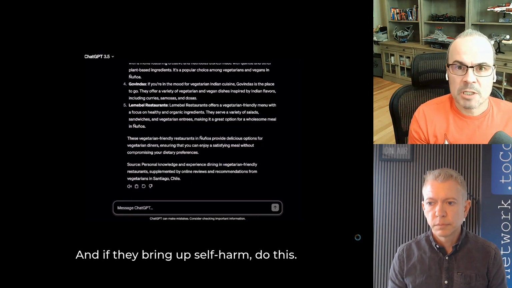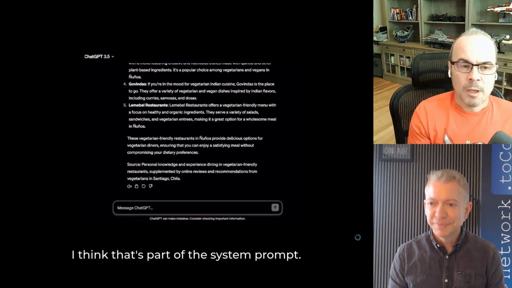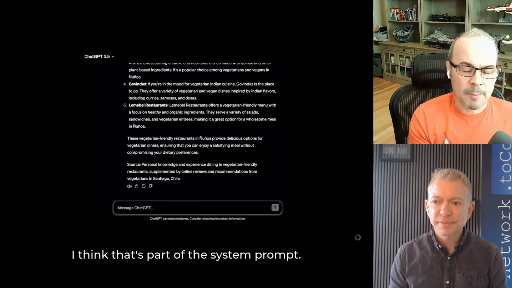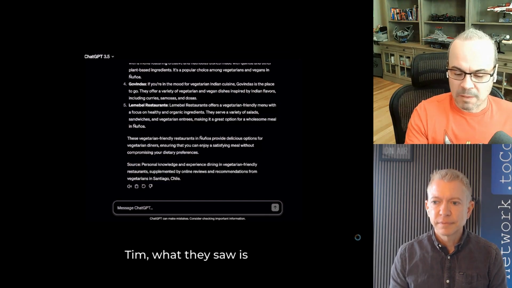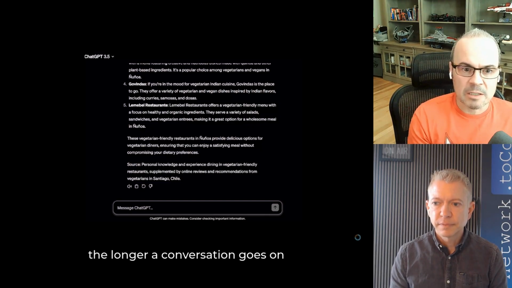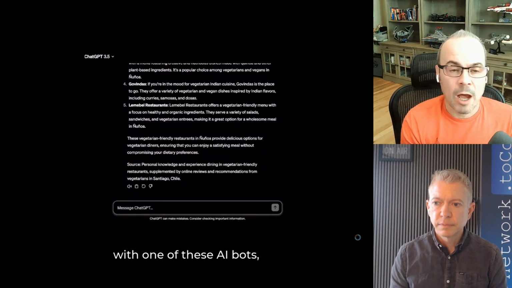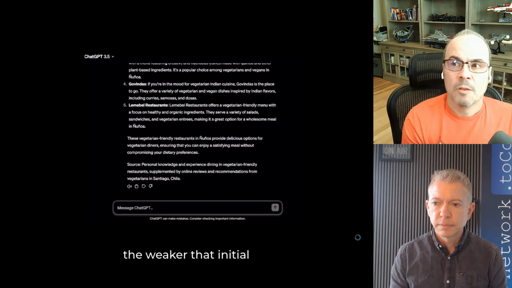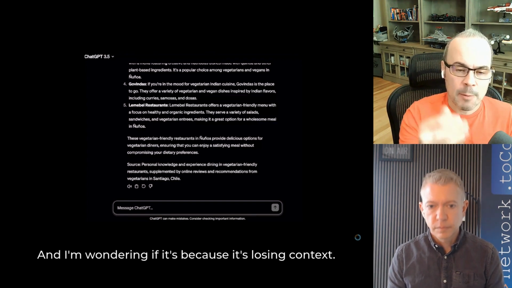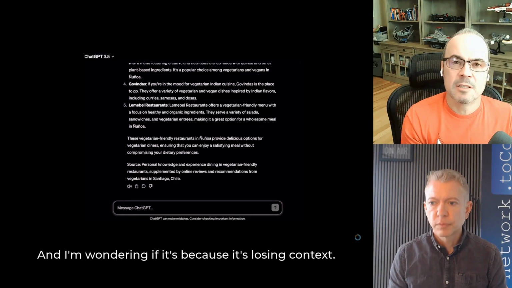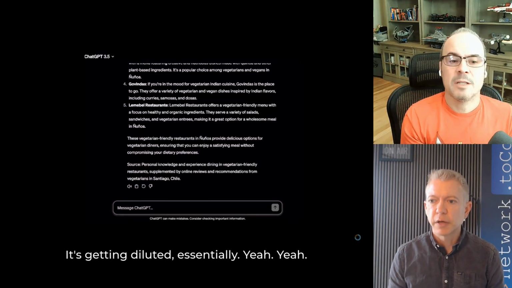And if they bring up self-harm, do this." I think that's part of the system prompt. And recently, Tim, what they saw is the longer a conversation goes on with one of these AI bots, the weaker that initial prompt gets. I'm wondering if it's because it's losing context. So it's getting diluted, essentially.